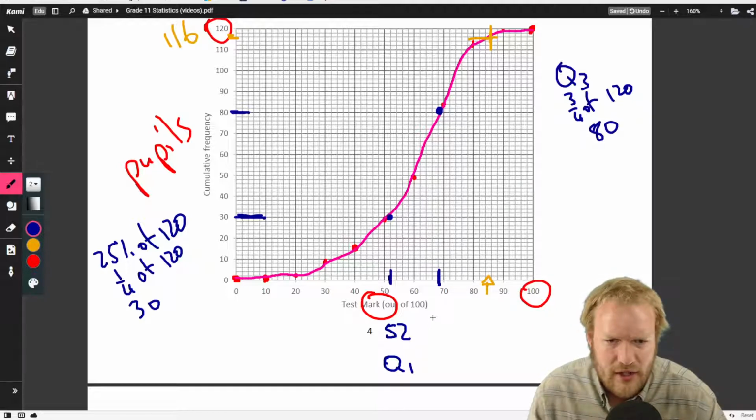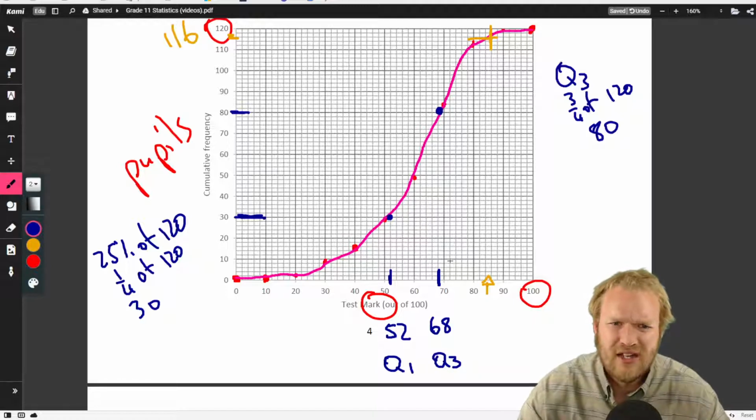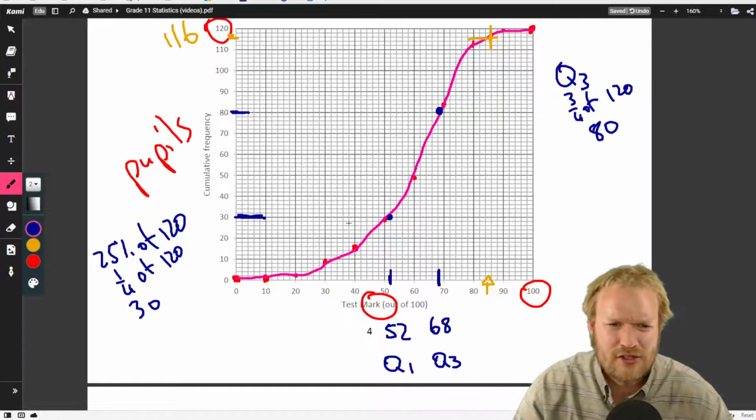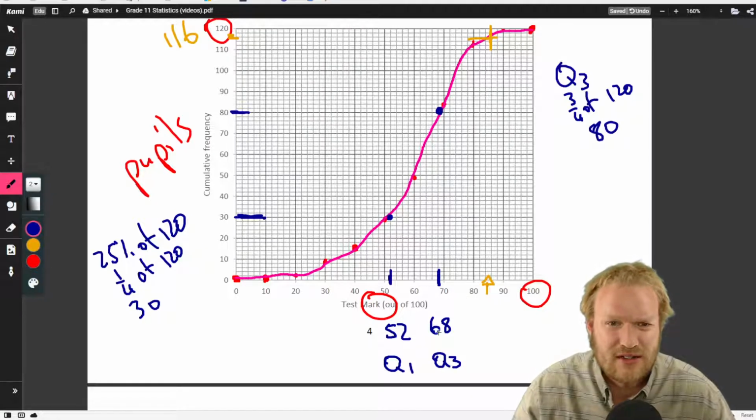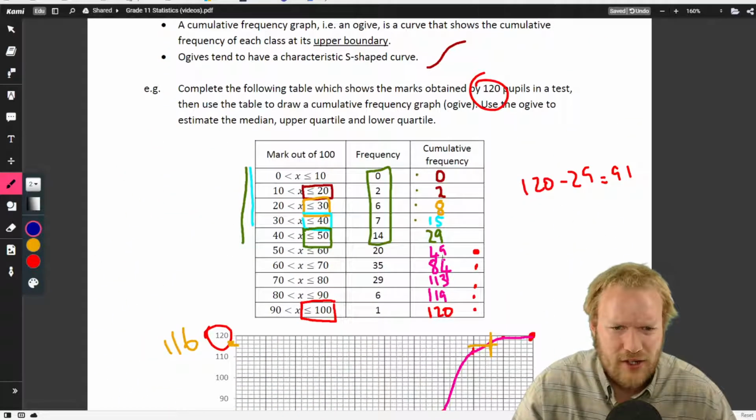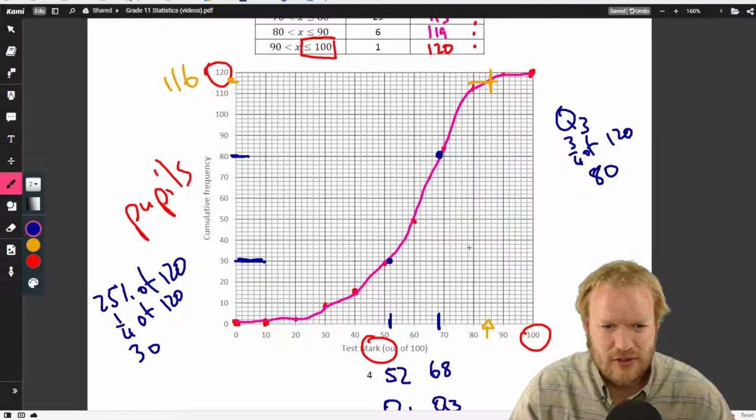Looks like we're on about 68. So Q3 is 68. Now you might have drawn your ogive a little bit more accurately than my one. So yours might be, say, 67 or 66. It's definitely going to be lower than 70. So that seems about reasonable.